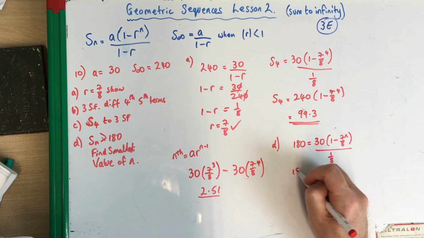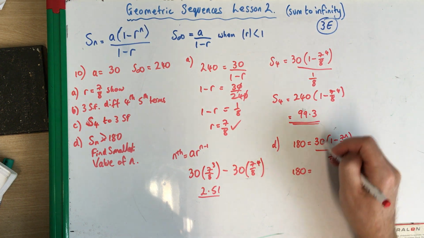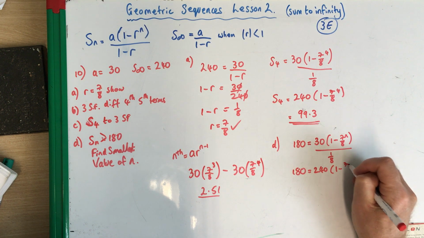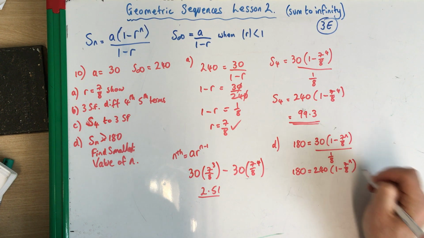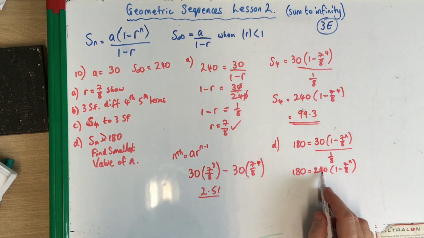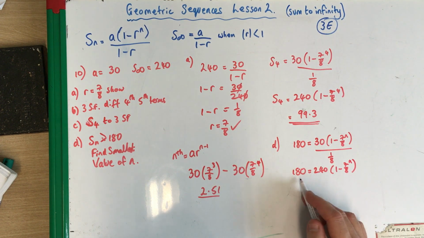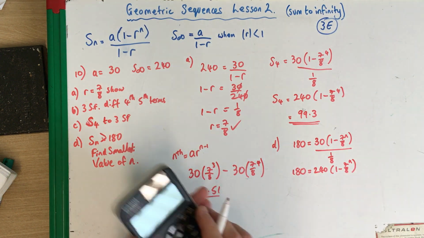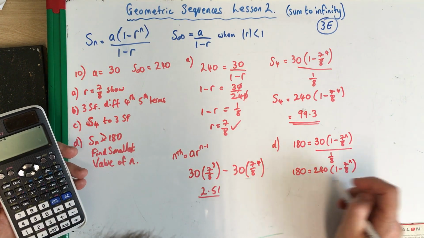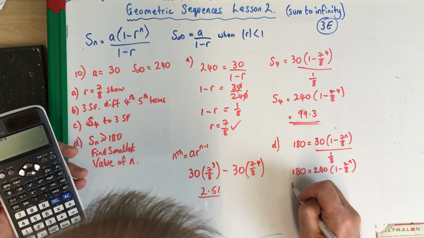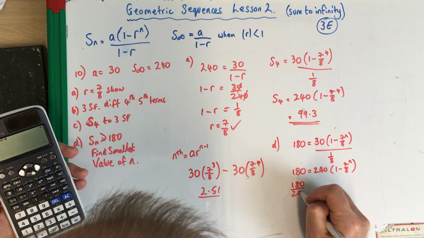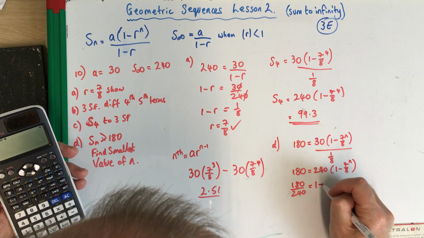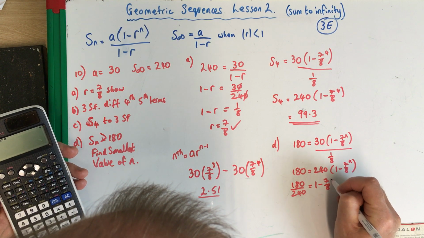So therefore I get 180 is equal to 240, switching that round, times 1 minus 7/8 to the power of n. So when I divide 180 by 240, I've now got 180 over 240 is equal to 1 minus 7/8 to the power of n.